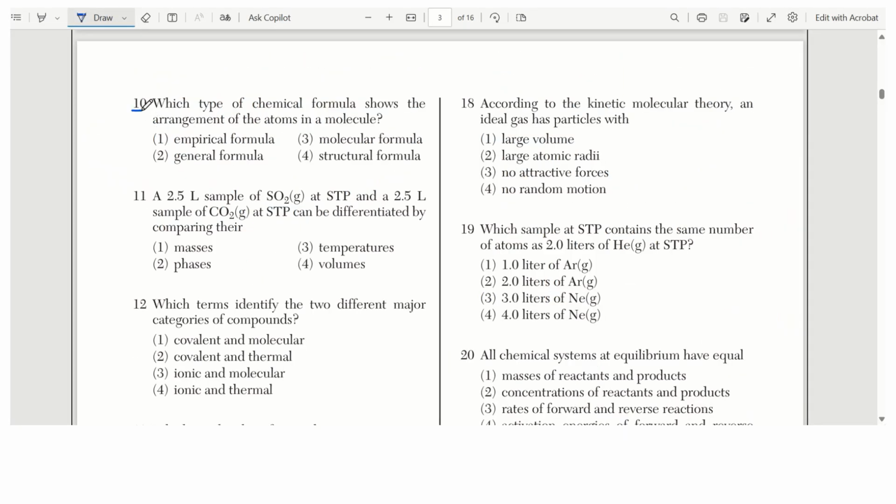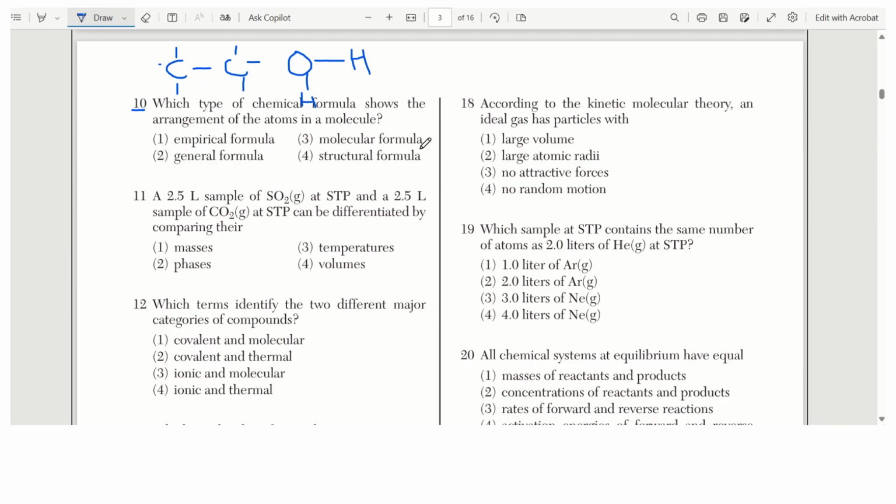All right, we're on to question 10. Which type of chemical formula shows the arrangement of the atoms in a molecule? So, for example, which one would show that water looks like this, or that ethane looks like this? So what kind of formula shows that?